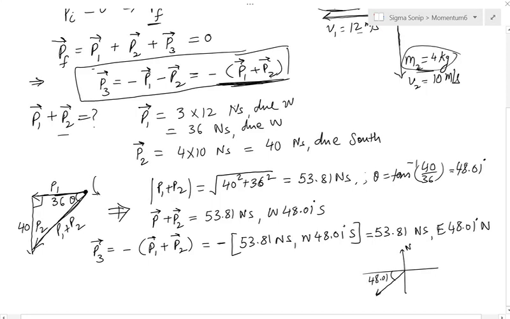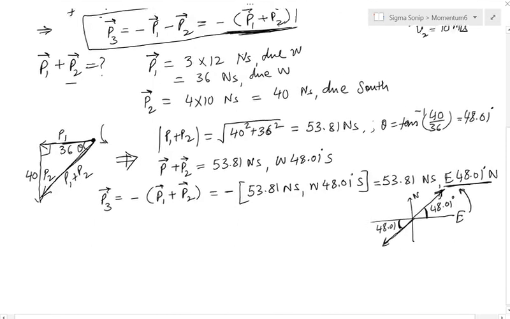If I reverse this vector and go in the opposite direction, that angle will be 48.01 as well. So the direction will become from east, we are moving towards north by 48.01 degrees, and that's what I got here.